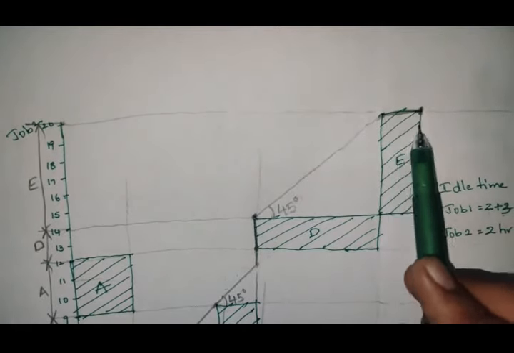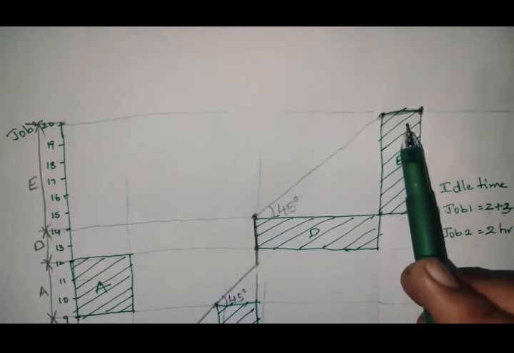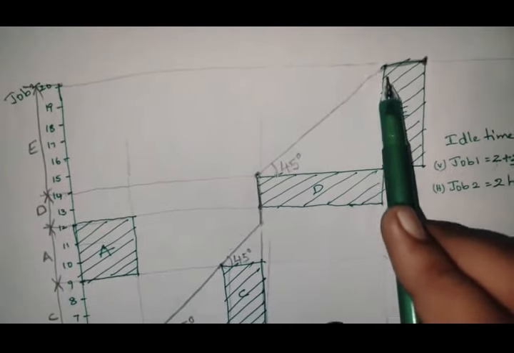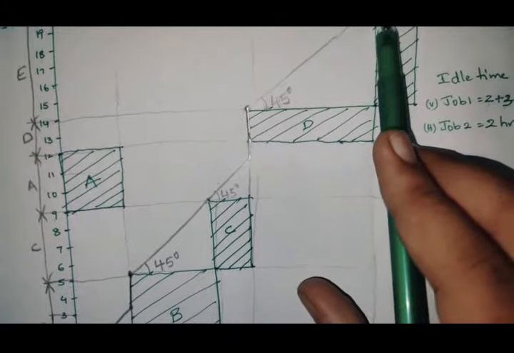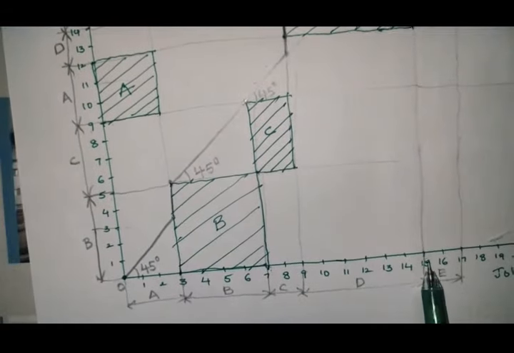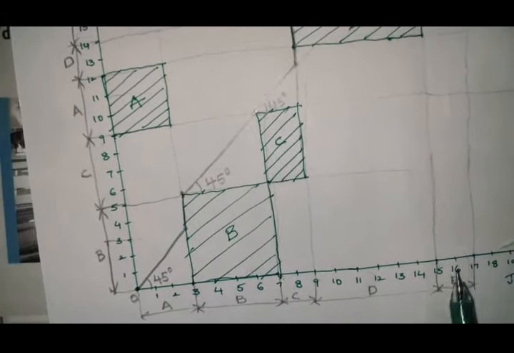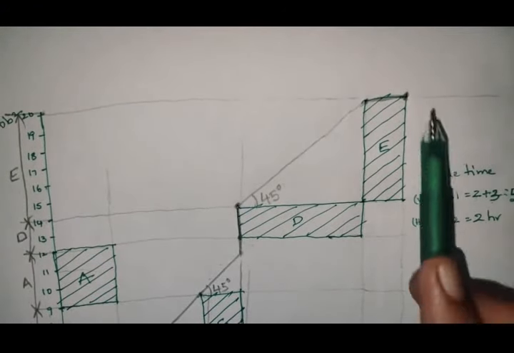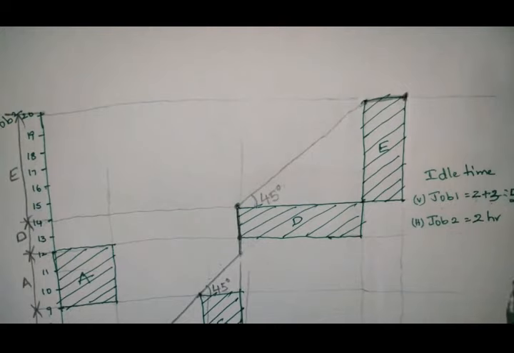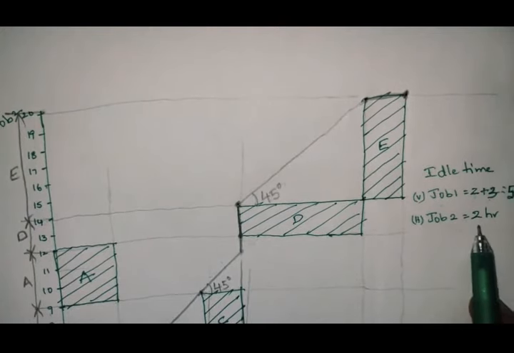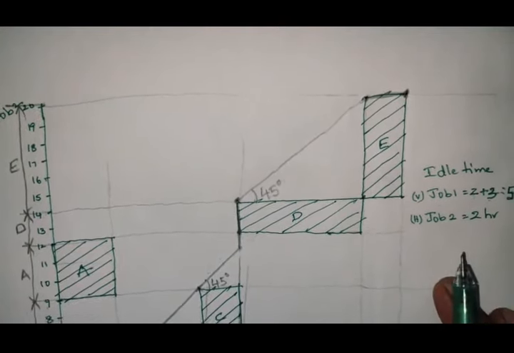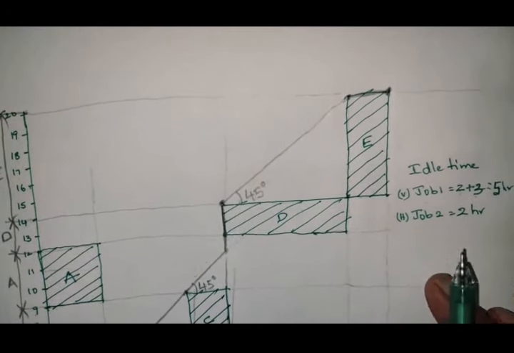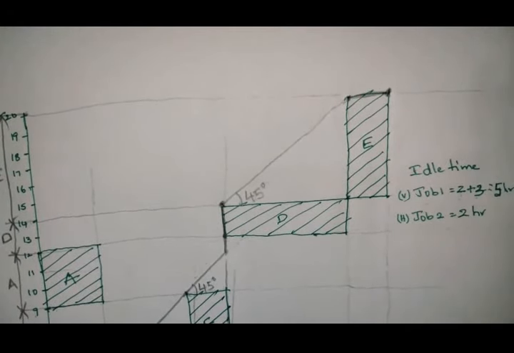What is the length of this horizontal line? This length is nothing but E. What is E? 15 to 17, that is 2 hours. So the idle time of job 2 is 2, and after that there is no other line. So the total idle time of job 2 is 2 hours. Like that we have identified the idle time for both job 1 and job 2.